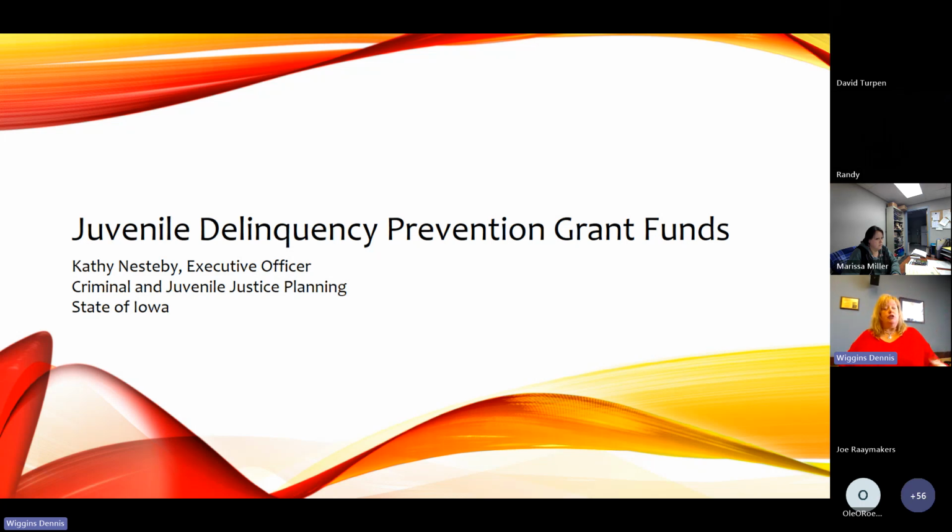But even if you wanted to look them up, there's Easy Access to Adult Criminal Data if you want to look at data on the adult side. Then the other one is called Easy Access to Juvenile Court Data. If you Google either of those, you should be able to get there if you don't want to wait for the link, for those folks that are in the room here.